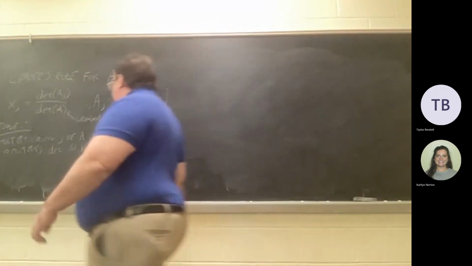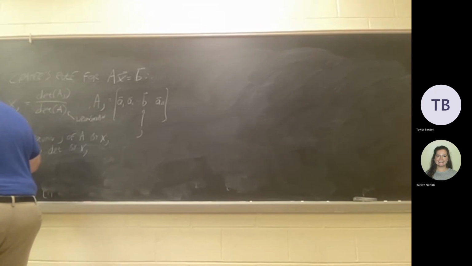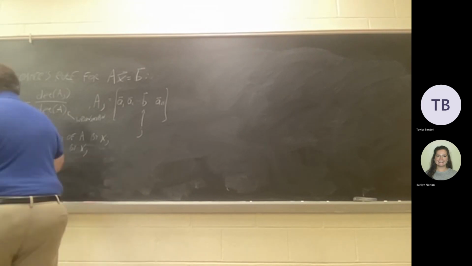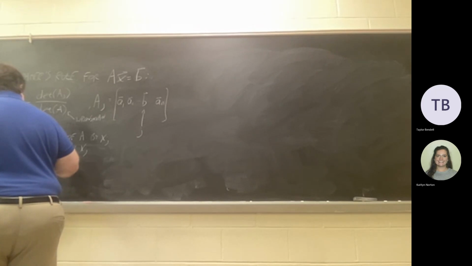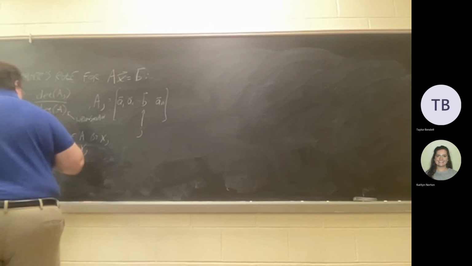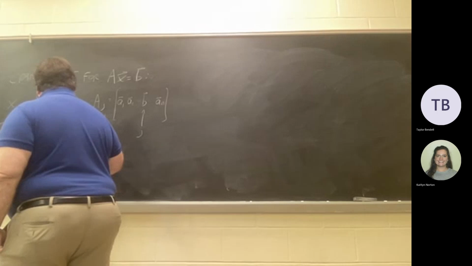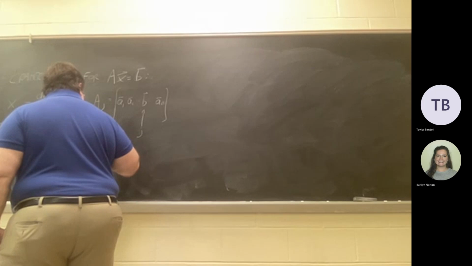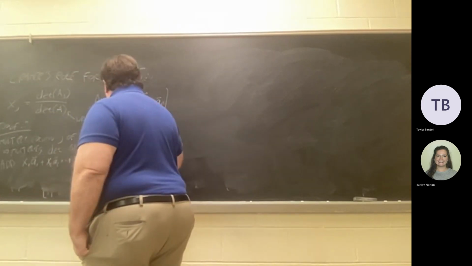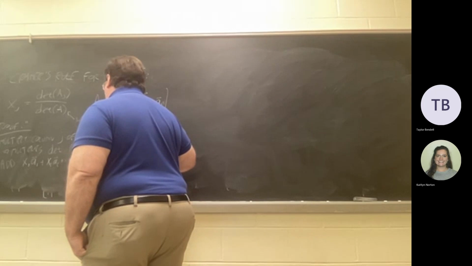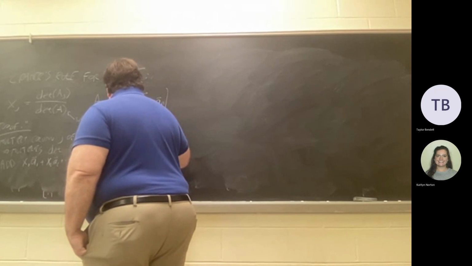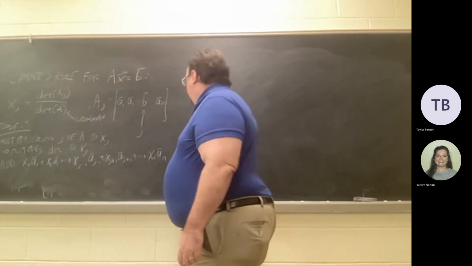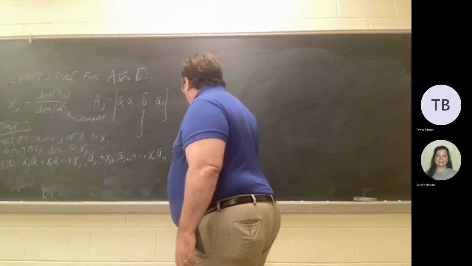Then what you do is you add x1 a1 plus x2 a2, etc., xj minus 1 aj minus 1 plus xj plus 1 aj plus 1, and so on up to xn an, to column j, the same column.